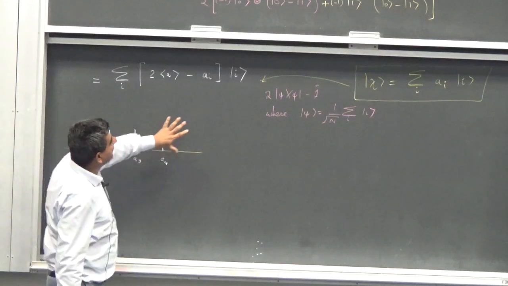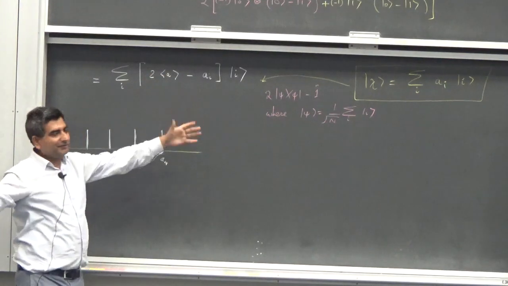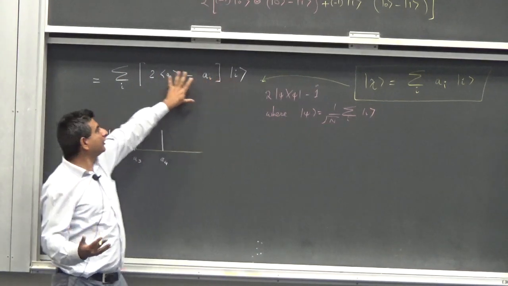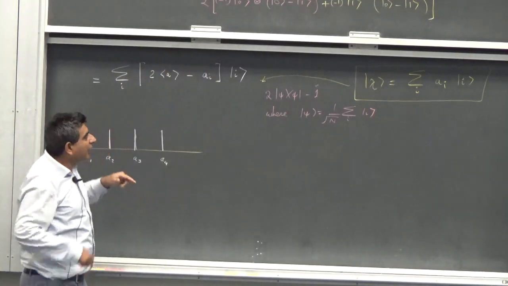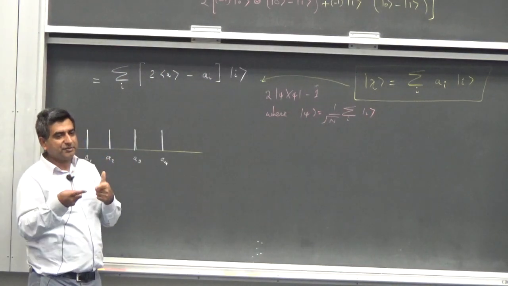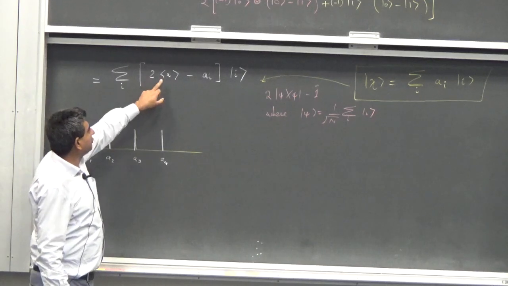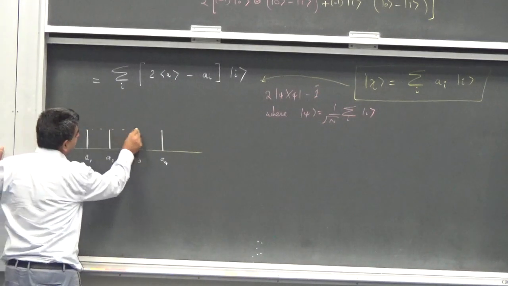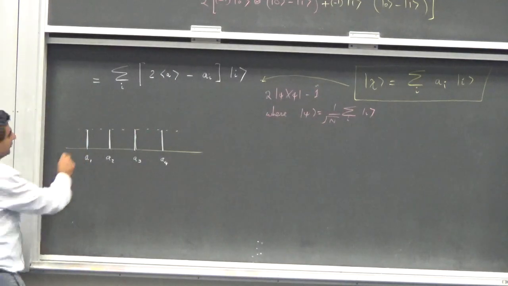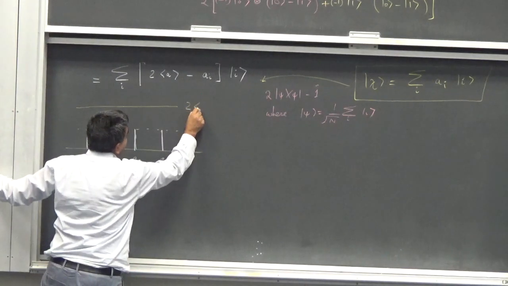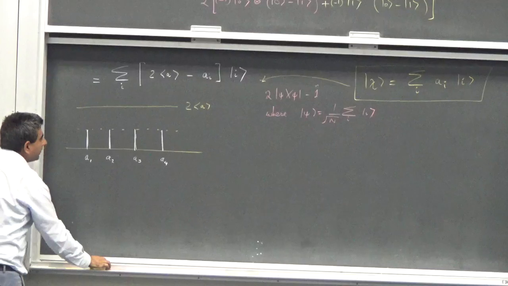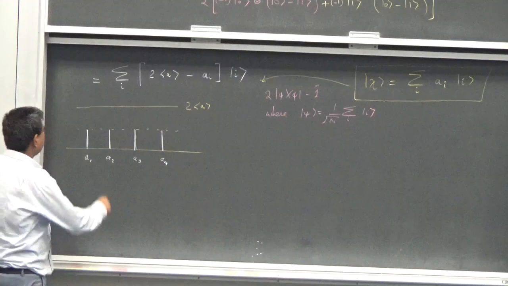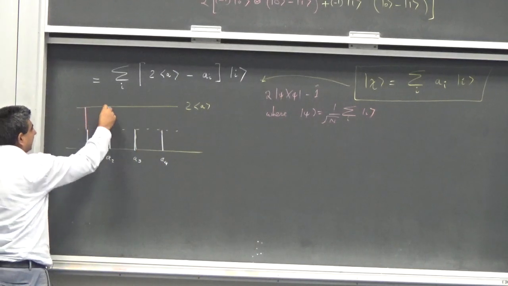After this operation a new state is formed. That new state, of course, can be written down in the same basis. But now the complex coefficients have changed. Now how has each complex coefficient changed? You take twice the mean of this. So this is the mean here, the mean of all of these 4 values. Twice of this will be somewhere here. And from this twice you subtract this amount. So when I do the subtraction, I get this.